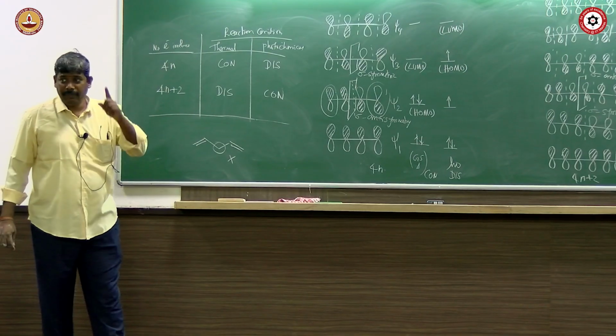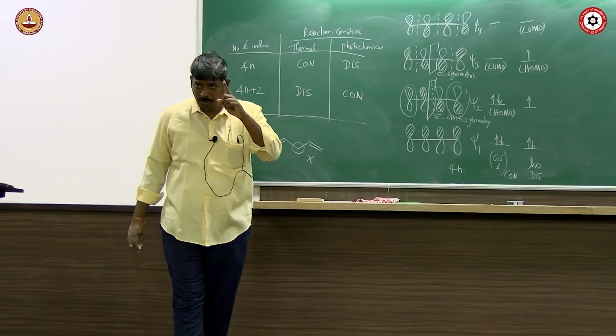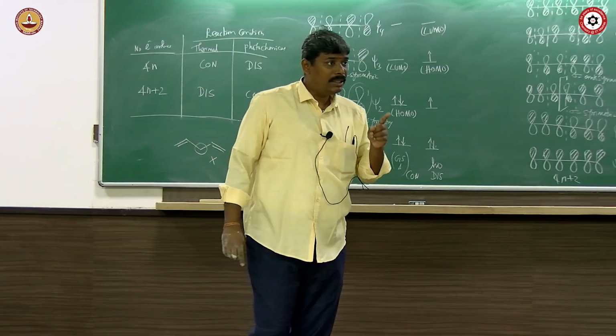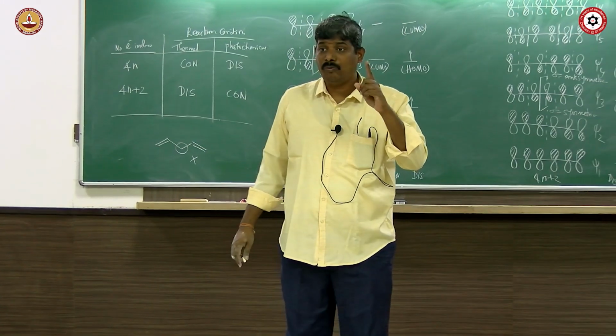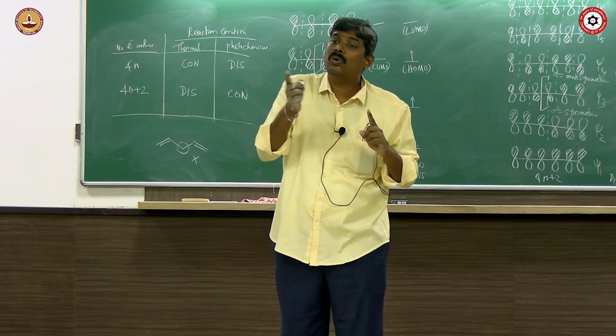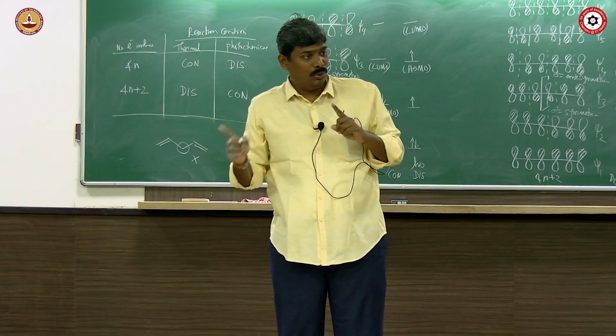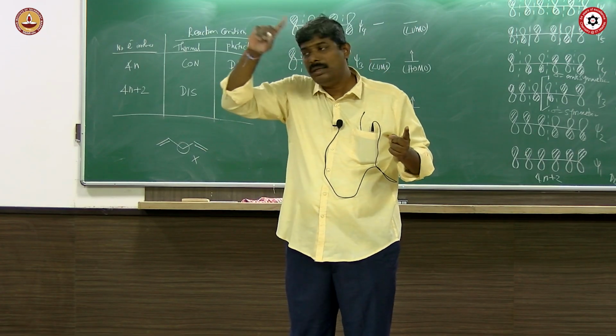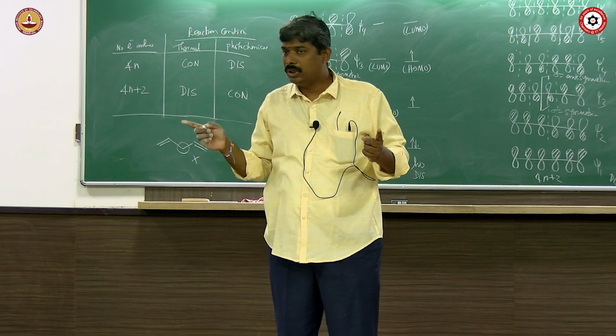It has to be always a conjugated polyene only that we consider in this case. Okay. If it involves a number of electrons which is 4N, then based on the condition you choose either conrotation or disrotation. Okay. If it is 4N plus 2, once again based on the condition you use this or conrotation.